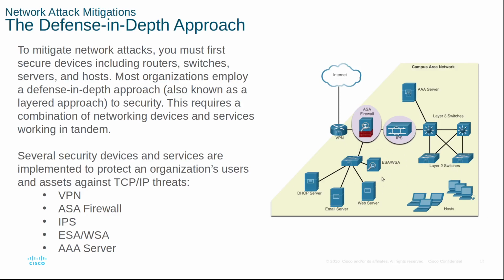These are Cisco devices that you can purchase. They're not cheap, but they're worth it, and you can do some awesome things with them. And you're going to have some form of authentication server. Could be a Cisco AAA server. It could be Active Directory. Commonly, it's Active Directory. You have all of these things, right?